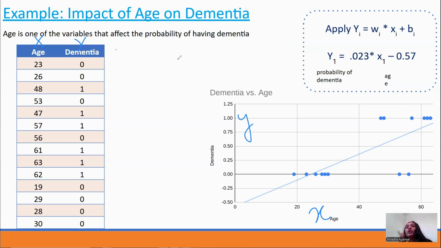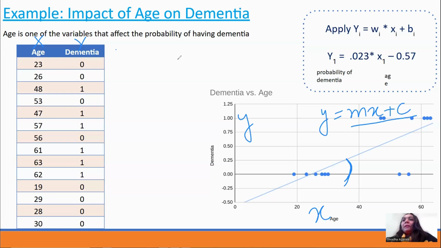That relationship comes from when I try to fit the equation of a line, and this relationship was the slope. If you remember from your school days, y = mx + c is the equation of a line, which can be applied to scenarios where you see a linear relationship.